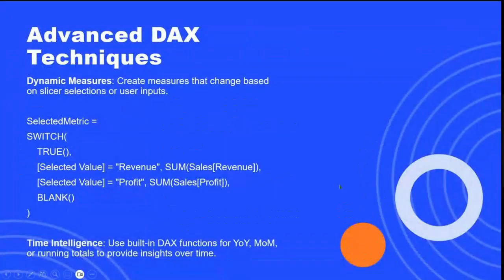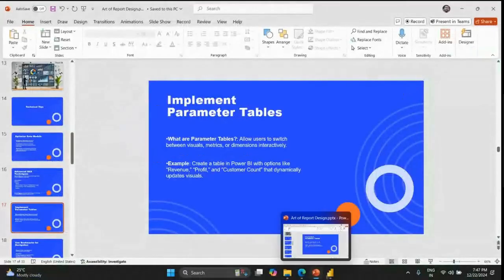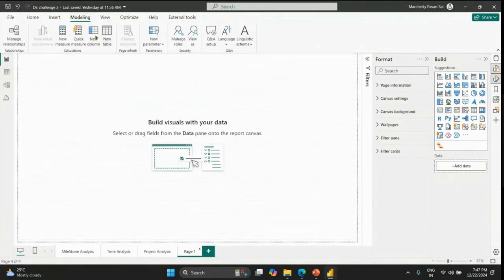Okay, next thing is something called implement parameter tables, right? So what are parameters? Most people in Power BI might know the parameters. In the modeling tab, they might know these parameters, how to use them. How do we use them? If it is a numeric range, we can dynamically vary the numeric range.